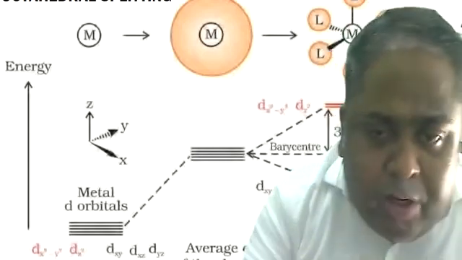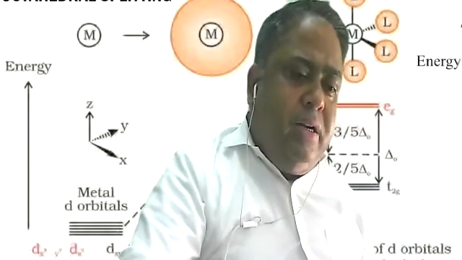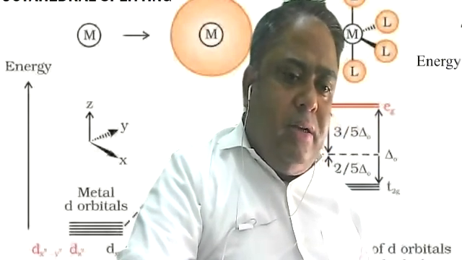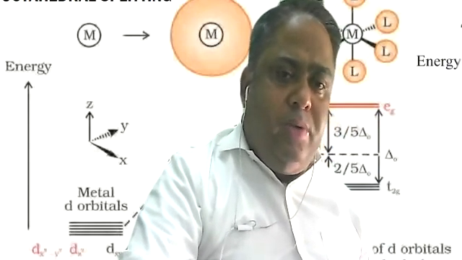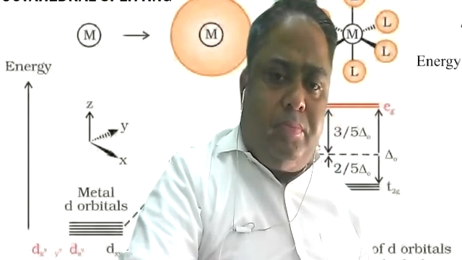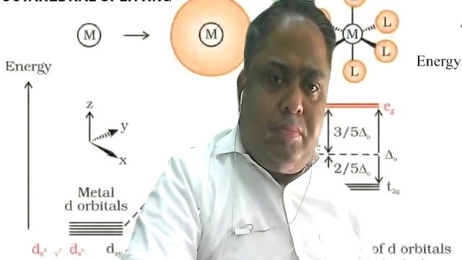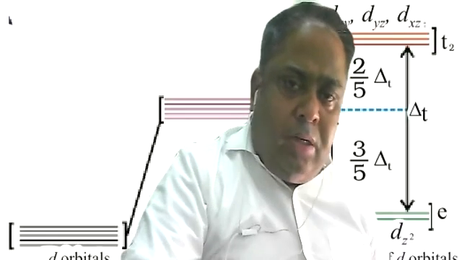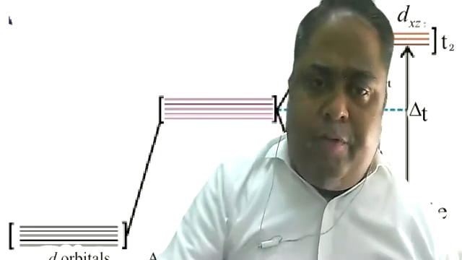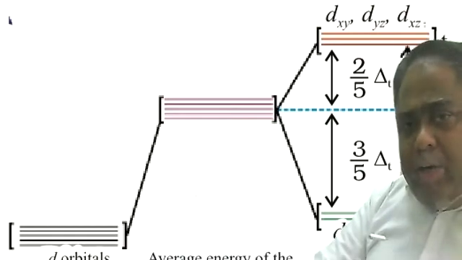Now we'll see crystal field stabilization in the case of a tetrahedral complex. Here the case is a little different. You will find eg is below and t2g is up.